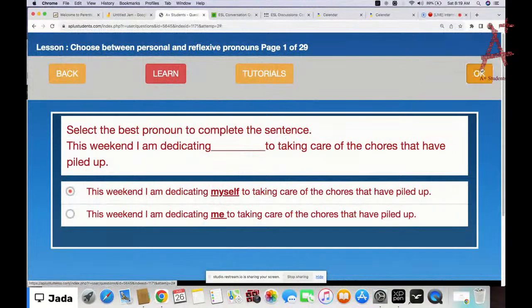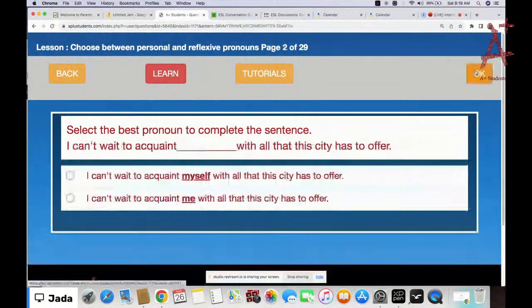Next: I can't wait to acquaint dash with all that this city has to offer. Is it also "myself"? Yes, myself. I can't wait to acquaint myself with all that this city has to offer.